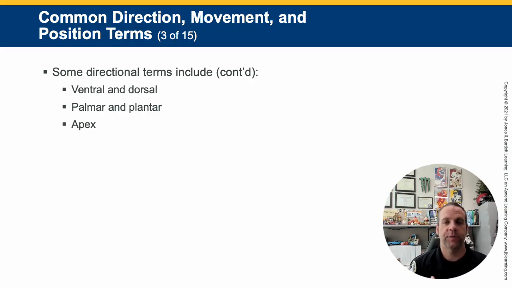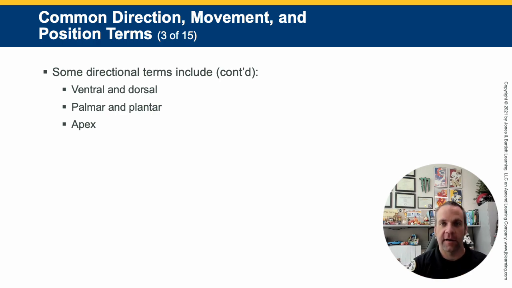Anterior is referring to the front, posterior is referring to the back. And on the same side, ventral refers to the belly side, again, front side, and dorsal is referring to the back, okay? A great way to remember this is to think of a dolphin's dorsal fin. It's on the animal's back.